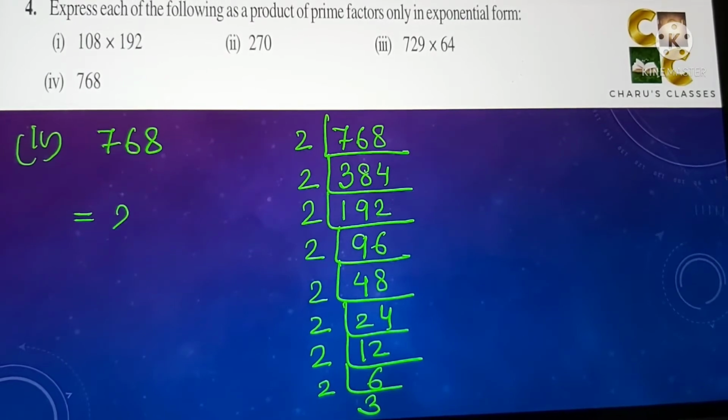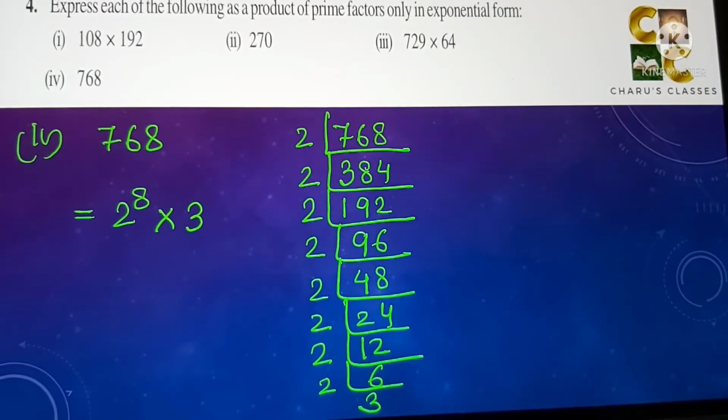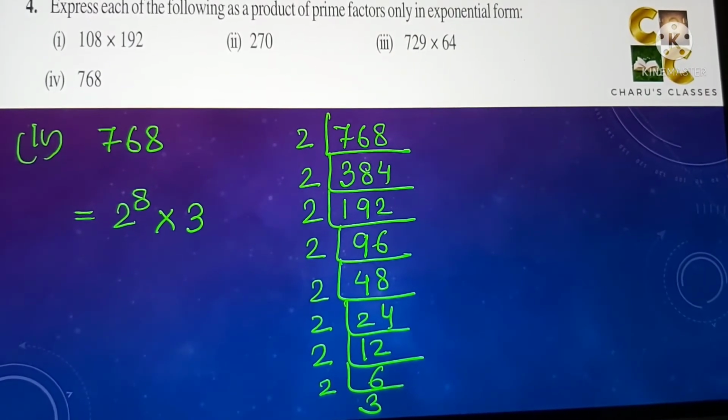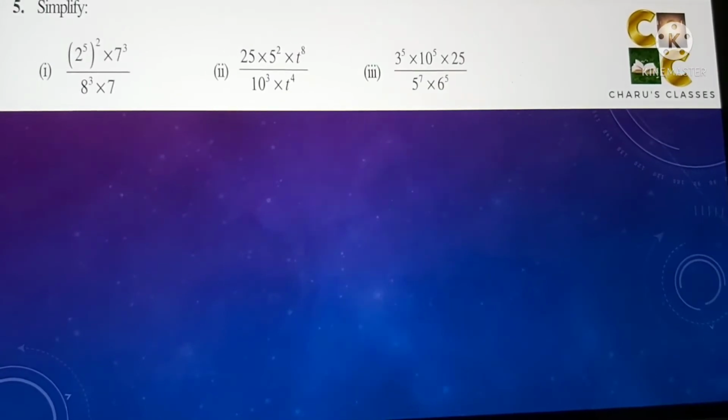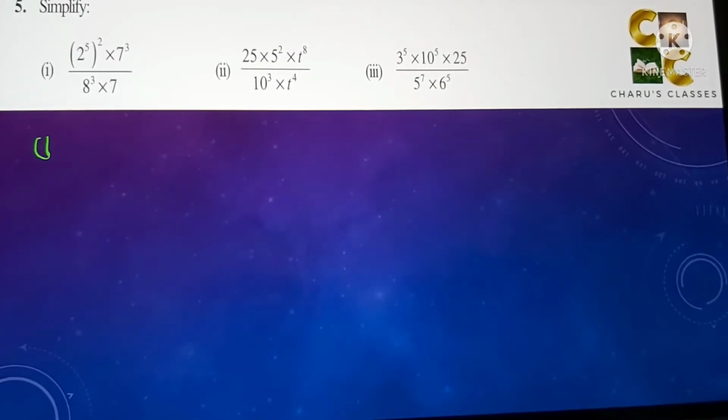So here we are having 2 to the power 8 into 3 as the prime factors of 768.